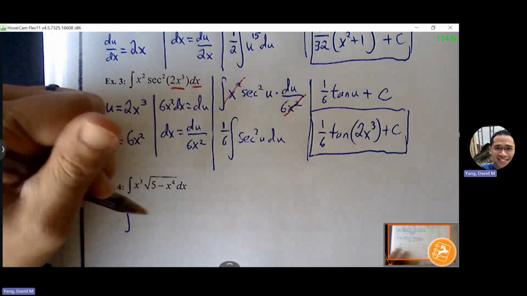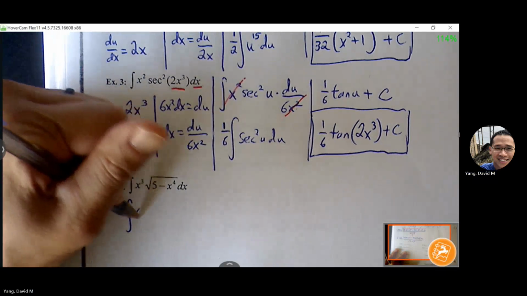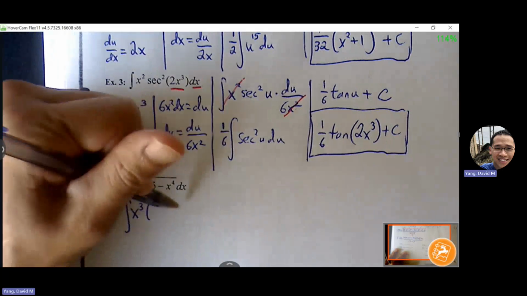So how can I get a set of parentheses to show up? Yeah, inside the radical, right?